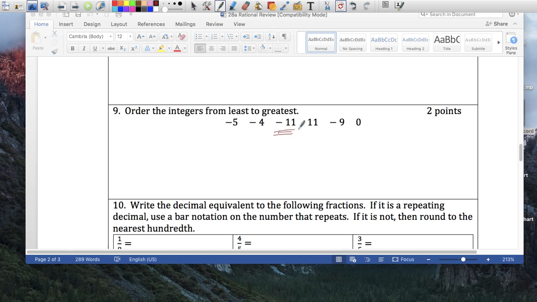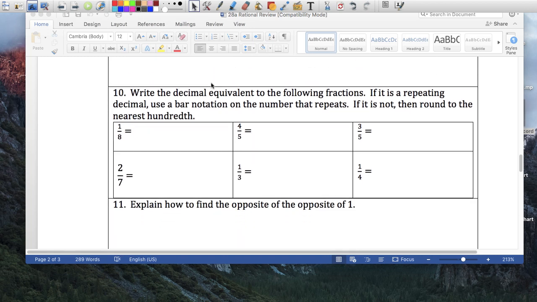So the integer most to the left is going to be negative 11, and then negative 9. If you're walking from left to right, you hit negative 11 first, negative 9, then negative 5, then negative 4. As you're walking, you would hit 0, and finally 11. So that is from least to greatest. The number on the right is always bigger. Okay?